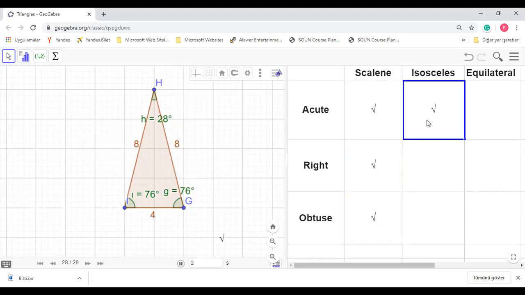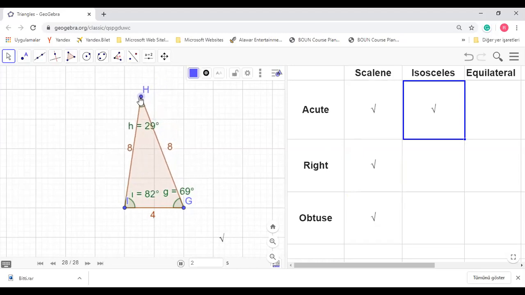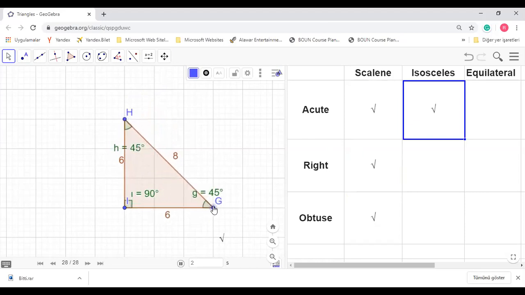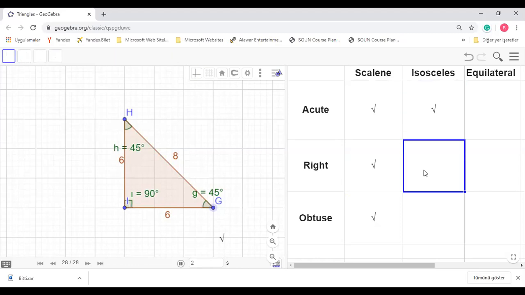Let's look at right isosceles and obtuse isosceles triangles. First, let's try to create a right isosceles. It is the right isosceles, right? Because one angle is a right angle and two sides are equal, right?